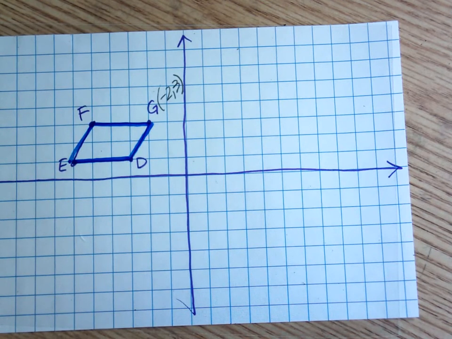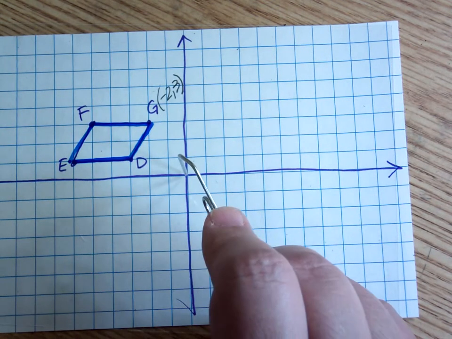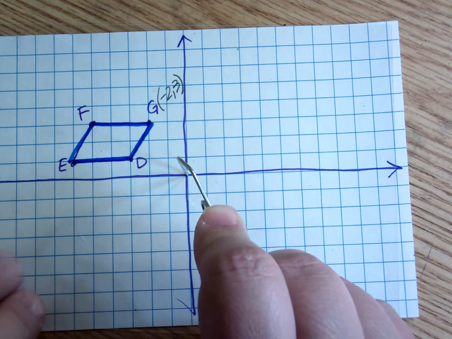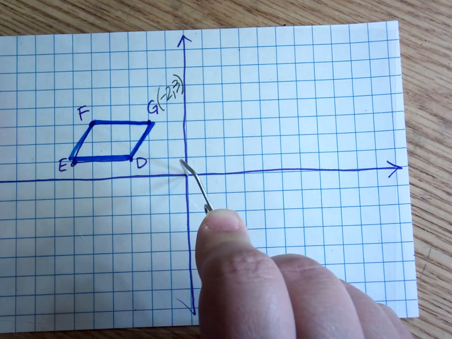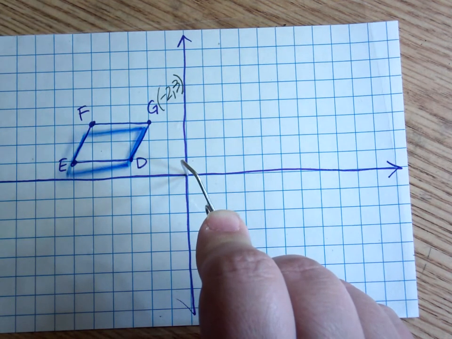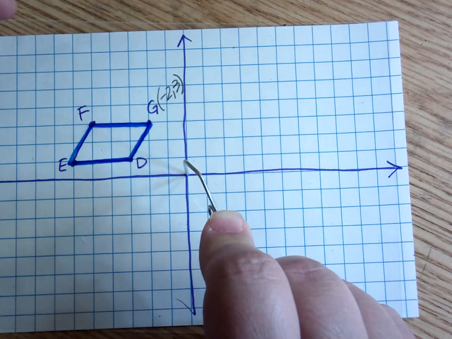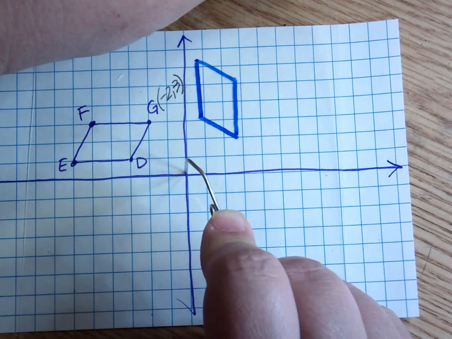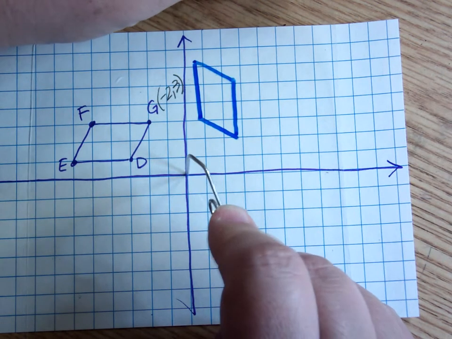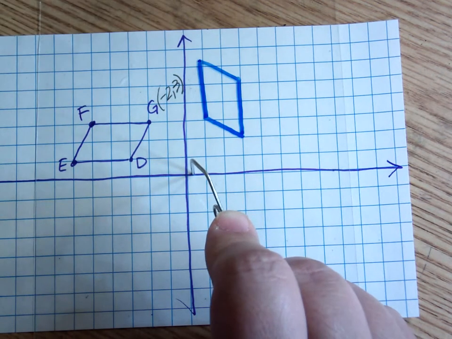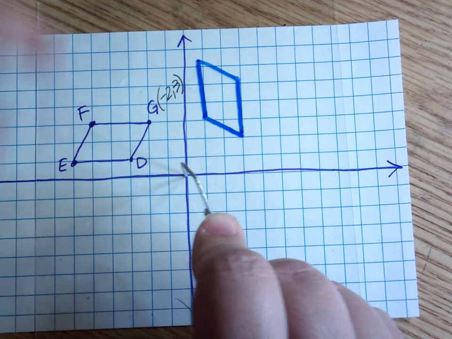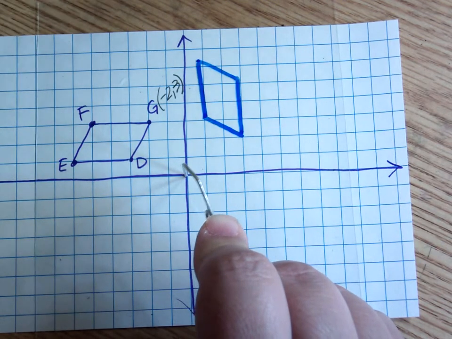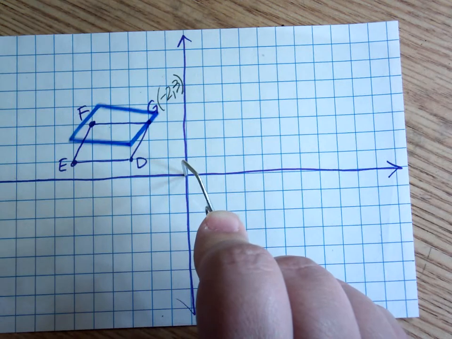I'm trying to make it as easy as possible for you to see me do this rotation, so I've got a little paper clip to hold my center in place. Let's say I go 90 degrees clockwise. It's going to be over there. What if I do 90 degrees counterclockwise?